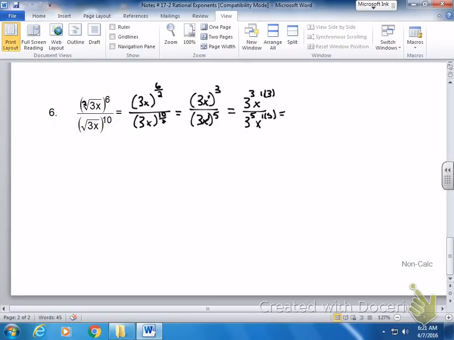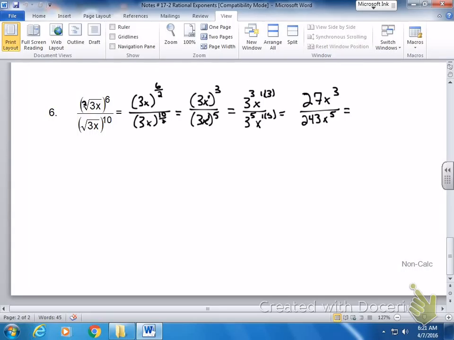Now, we can put 3 to the 3rd in our calculator. If you do, you'll get 27. And then I have x to the 3rd. And that's over 3 to the 5th, which is 243, and I have x to the 5th.